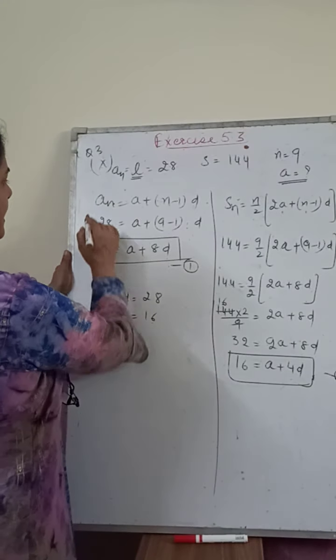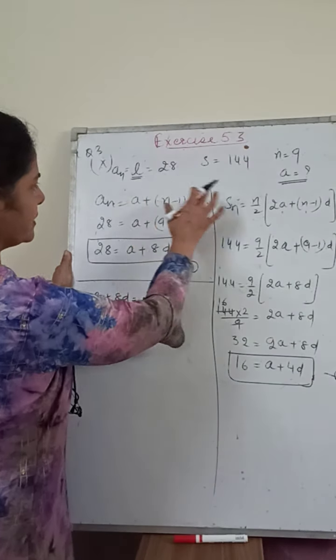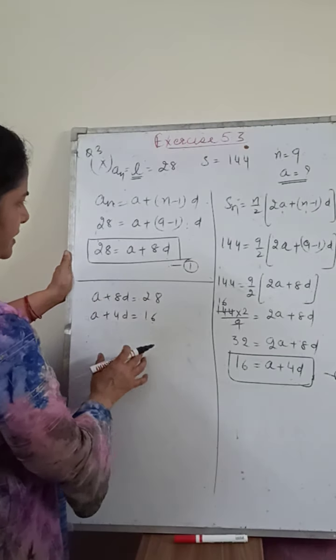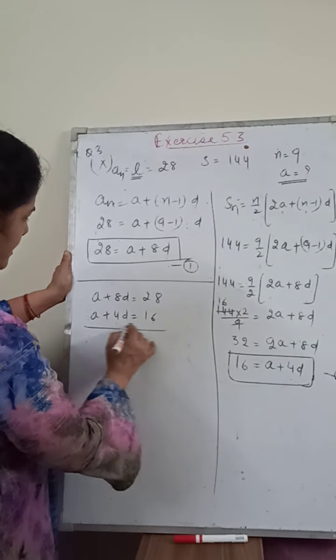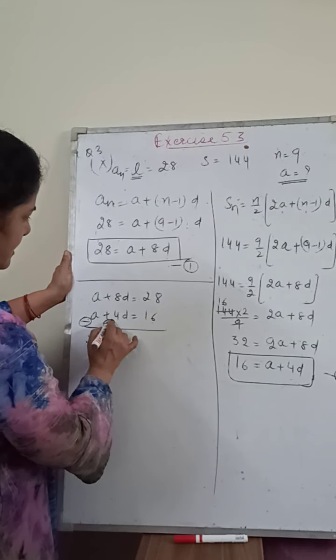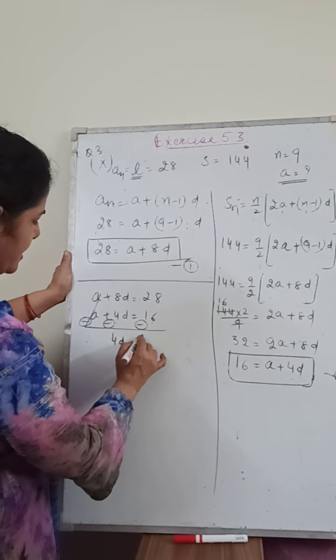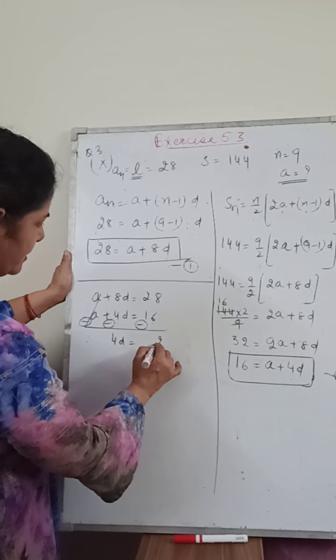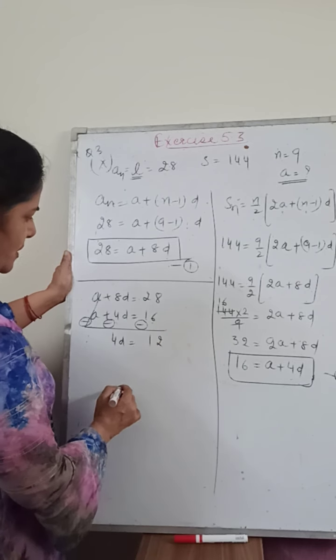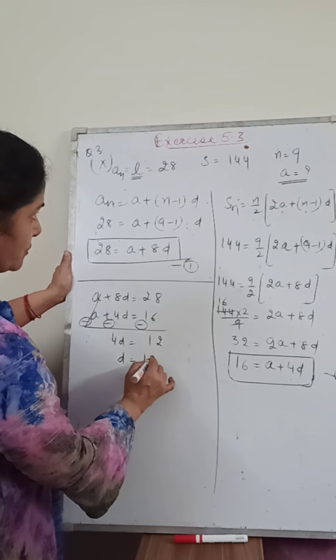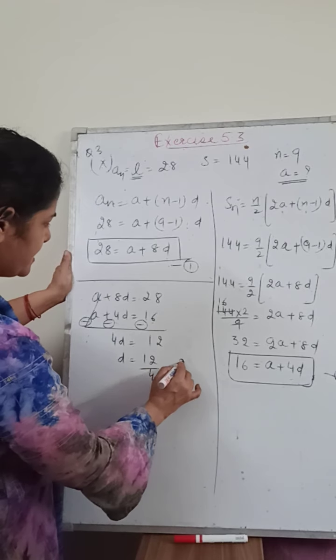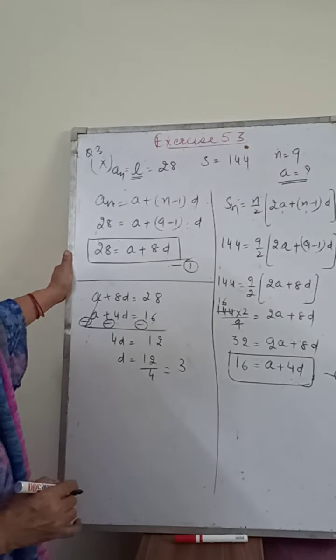This is the first part, this is the second part, and here I am starting the third part. Let us subtract. It comes out to be 4d is equal to, here you will be getting 12. D is equal to 12 upon 4, that is 3, right?